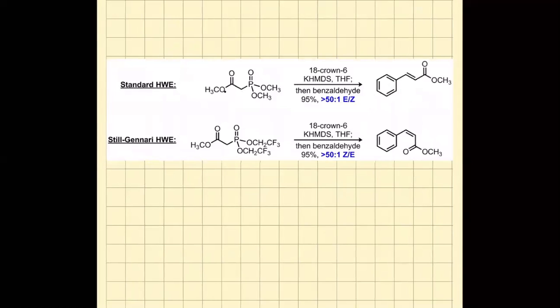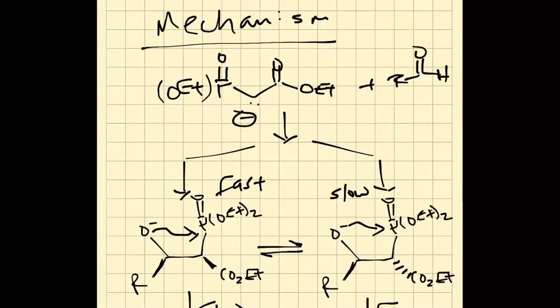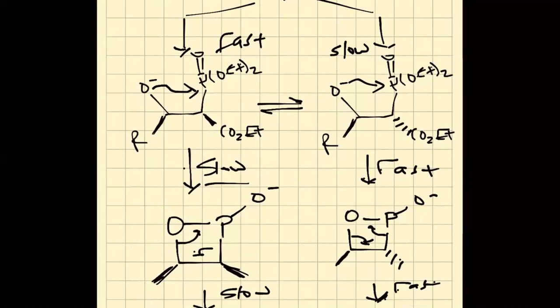All right, so this Still-Gennari modification, what happens when you add in those CF3 groups is you further polarize that phosphonate ester, right? And so what happens is, as opposed to the Horner-Wadsworth-Emmons reaction, which is shown up here, where you have the addition part being fast for the cis and slow for the trans, but then the cyclization and decomposition being slow, the CF3 groups that are attached to your phosphoester actually increase the rate for the cis of those slow steps.